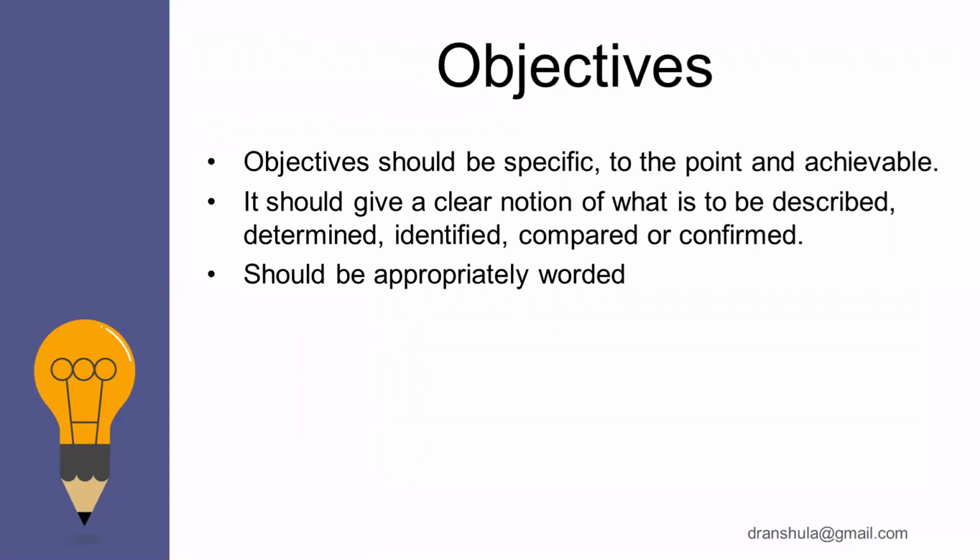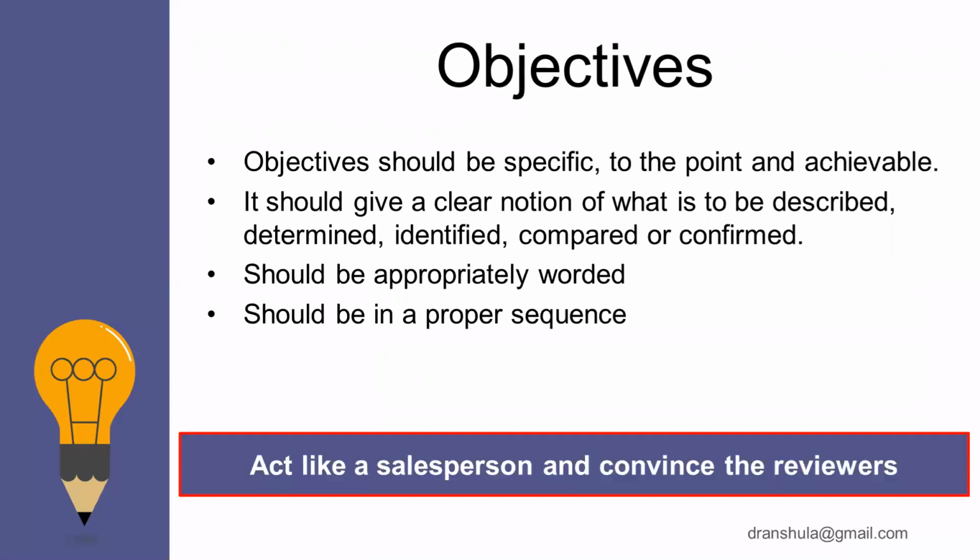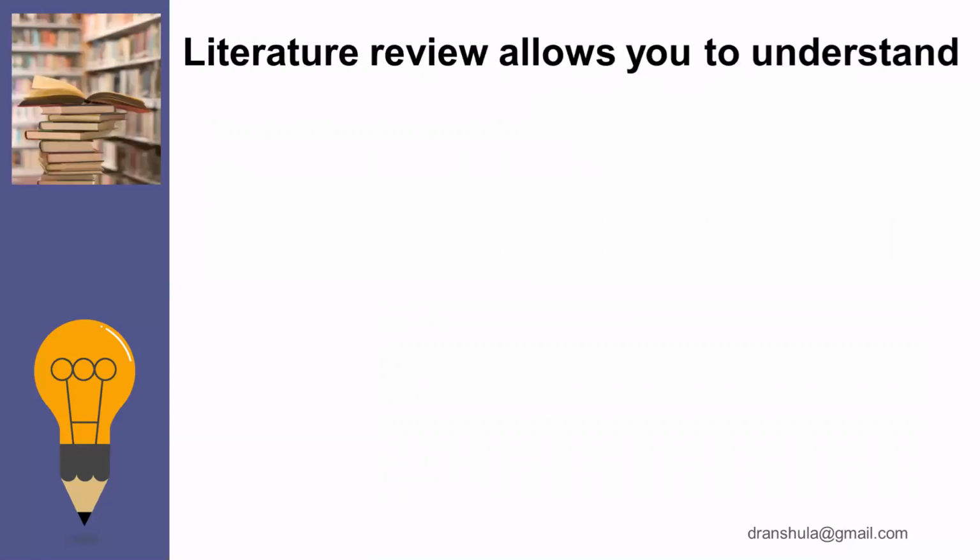Should be appropriately worded, should be in a proper sequence. The sequence according to which you will be collecting the data, or you will be using that in your methodology. Act like a salesperson and convince the reviewers. So your writing should be so sharp and clear.